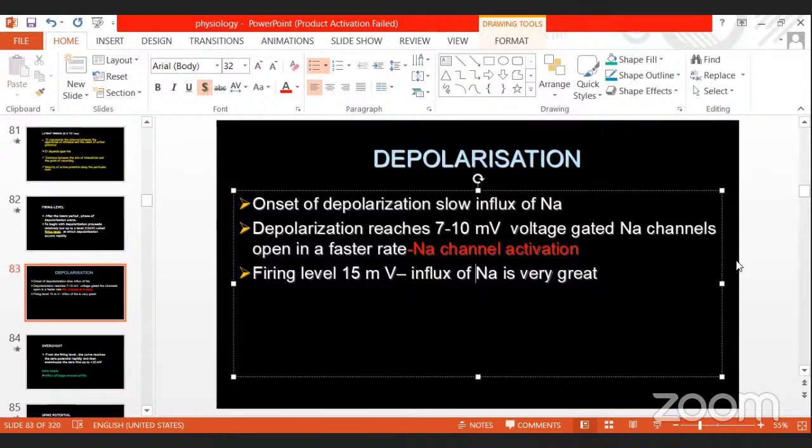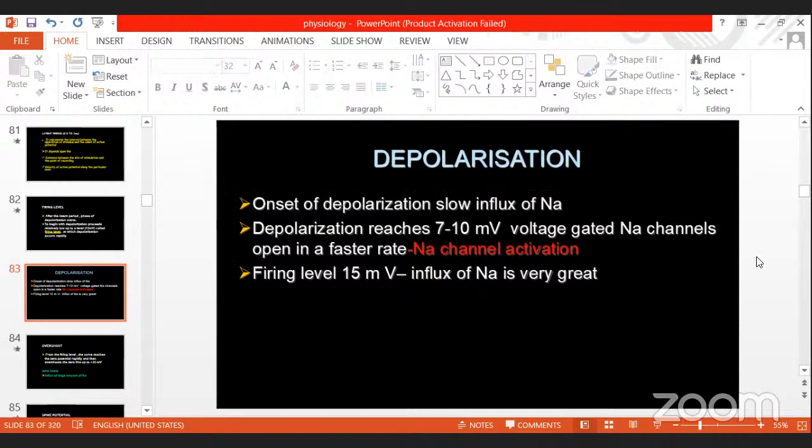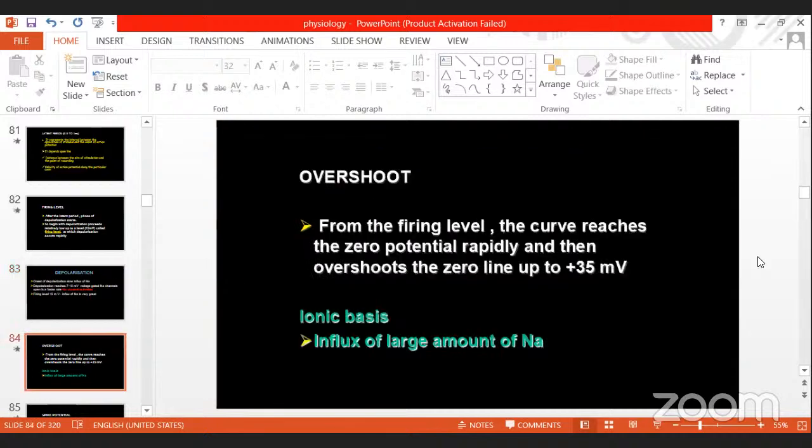There is more sodium influx, inward movement of the sodium. Overshoot is from the firing level. The curve reaches a zero potential rapidly, and it will reach plus 35 millivolt.